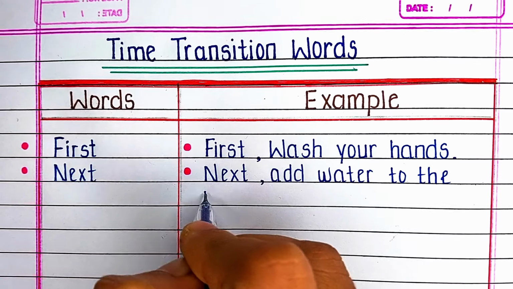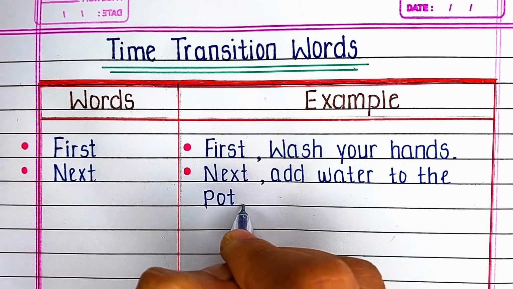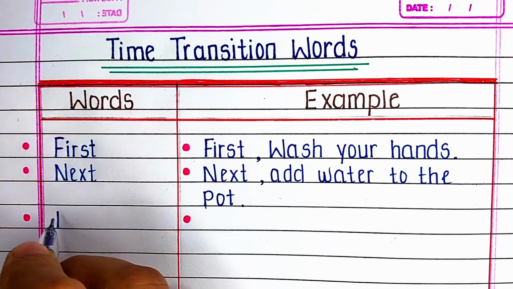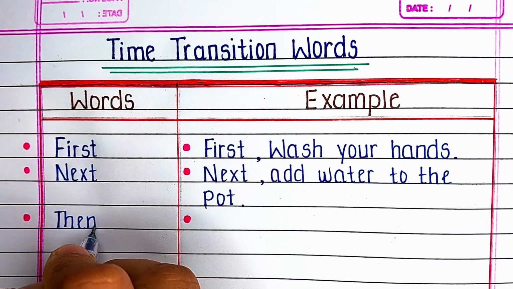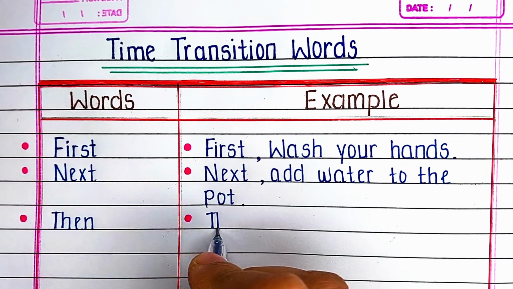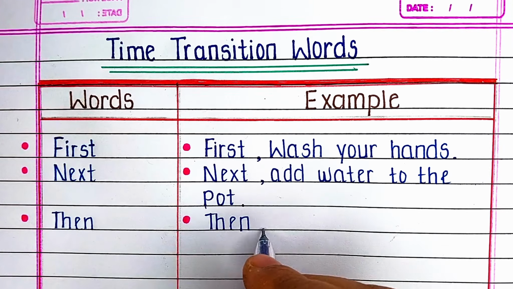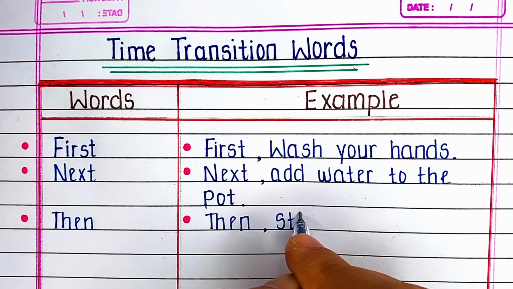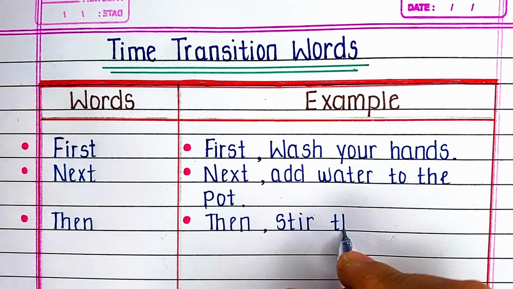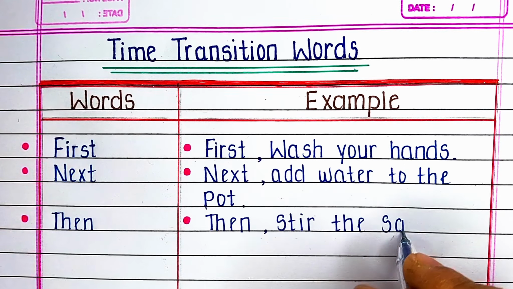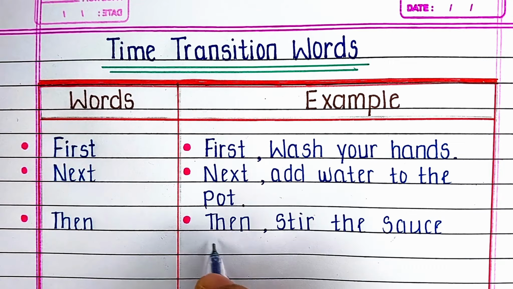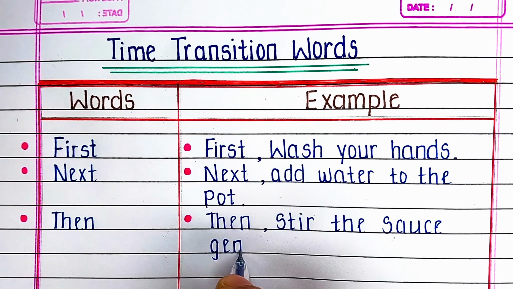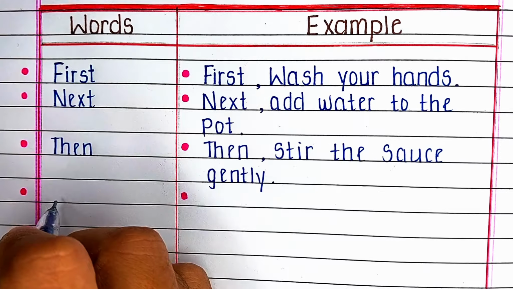Example, next add water to the pot. Next word is then. Example, then stir the sauce gently.